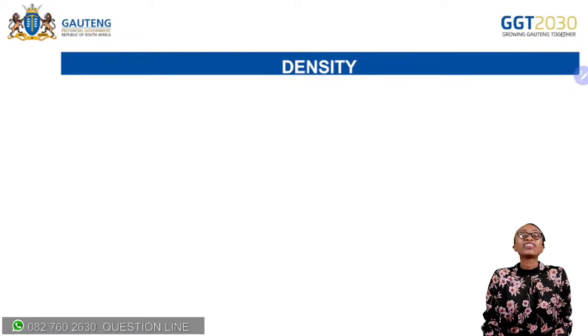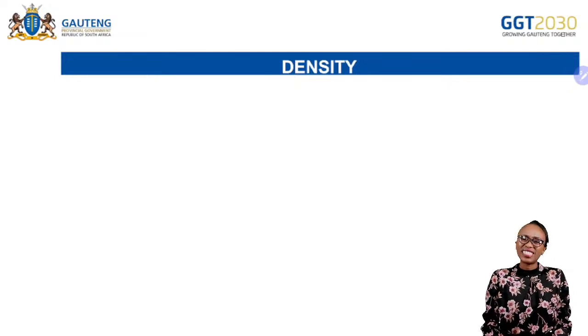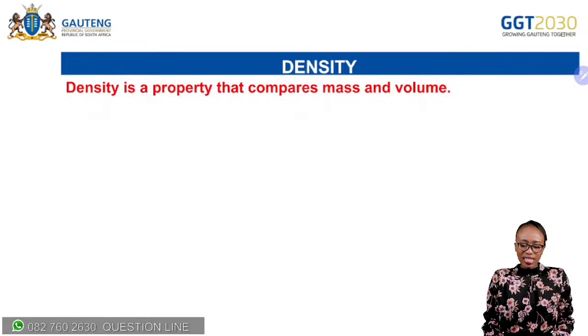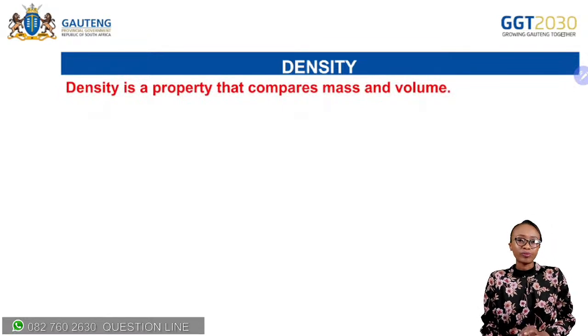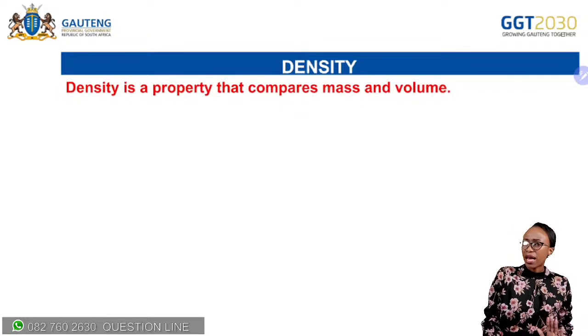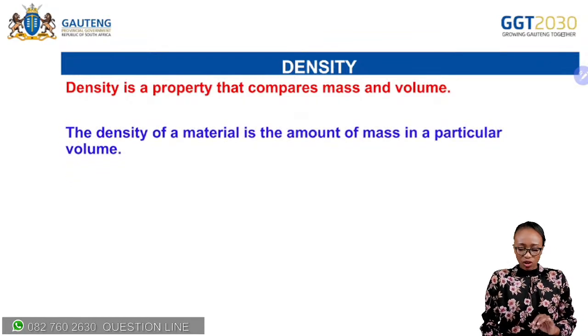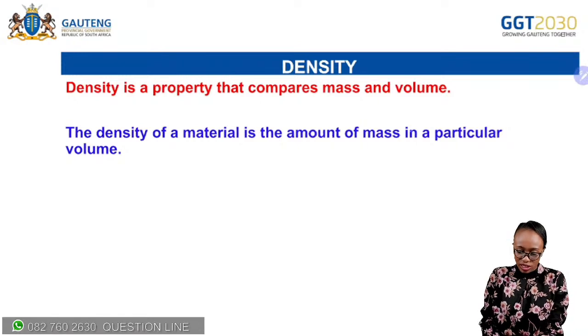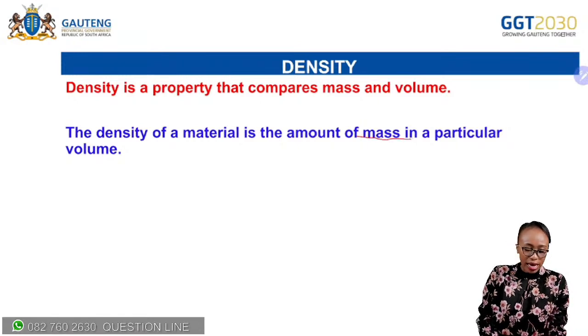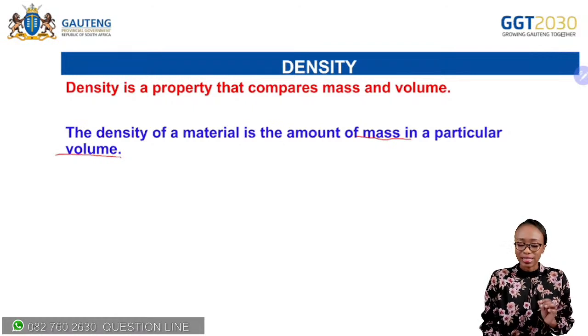Okay, so let's begin our lesson. Density. So density is actually a property that compares mass and volume. So the density of a material is actually the amount of mass in a particular volume. So that is what we call the density of a material.